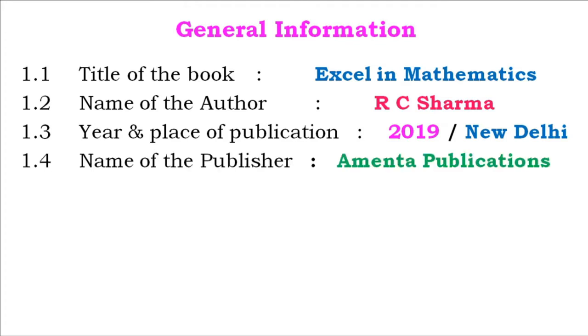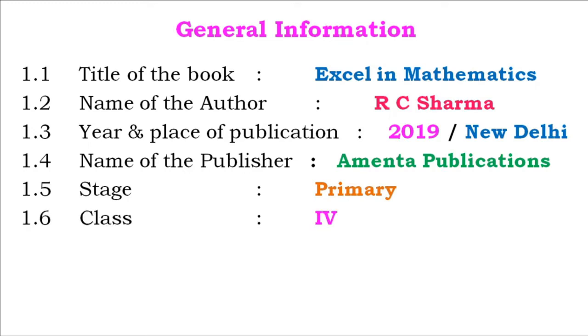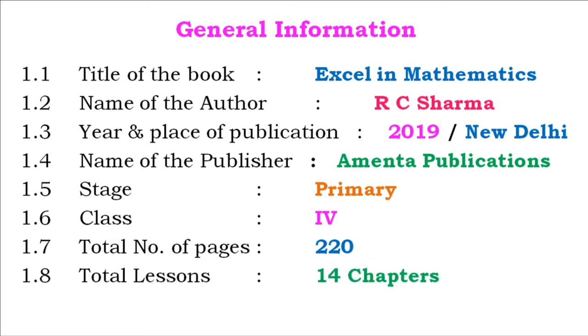Name of the publisher: Amenta Publications. Stage: primary, class 4. Total number of pages: 220 pages. Total lessons: 14 chapters or lessons. Price: rupees 160.